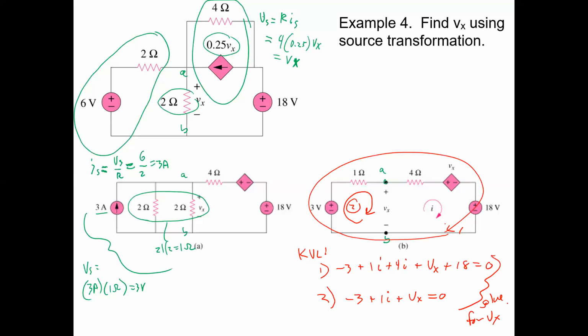Certainly you could do it. Just got to be careful. I'm much more comfortable using source transforms when there aren't dependent sources involved.